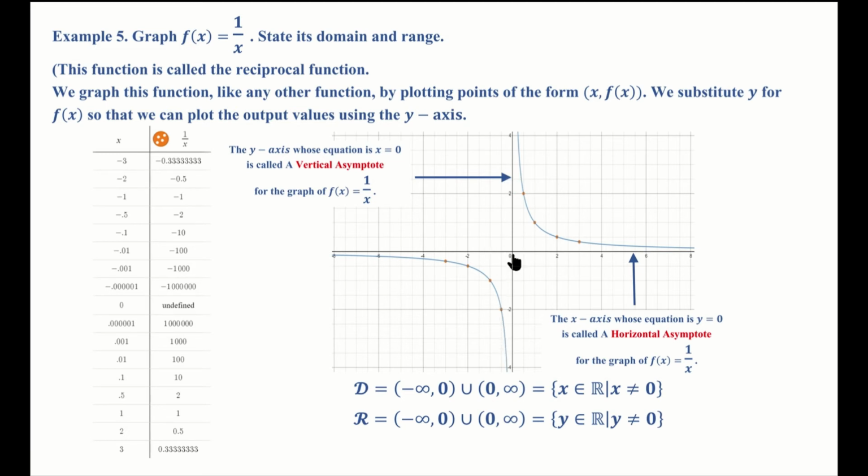Also, some really interesting stuff happens when the values of x get really close to 0, either from the left or from the right. So let's look at it approaching from the left. Notice when x is -3 right here, the y value is just -1/3. So that's -1/3 right there. So when it's -2, the y value is -0.5 right there. Each of these is half a unit, right? Those tick marks.